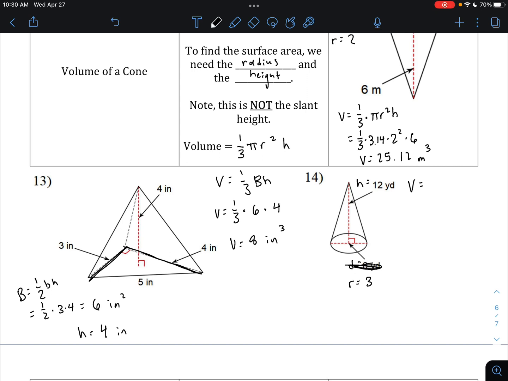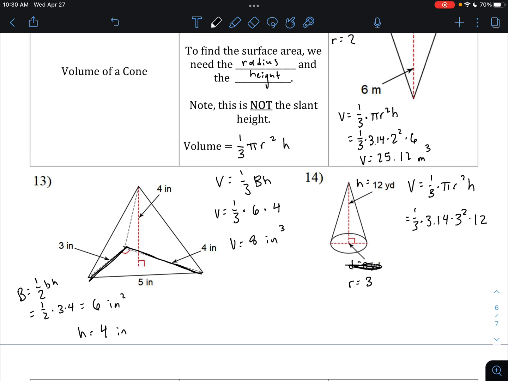We know that the volume is 1/3 times pi radius squared times the height, which gives us 1/3 times 3.14 times 3 squared times 12.